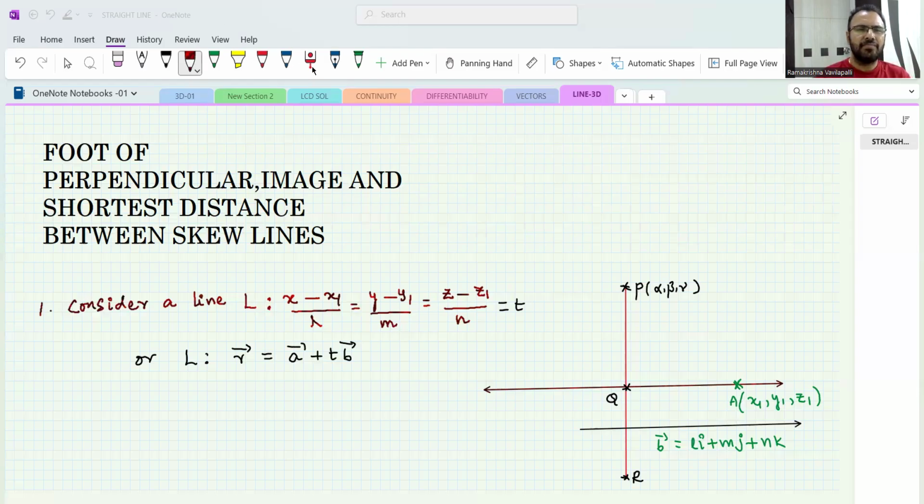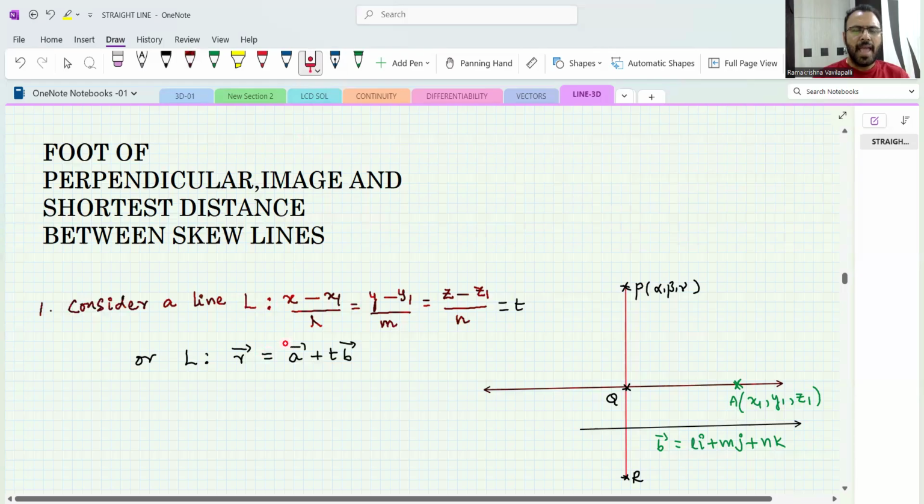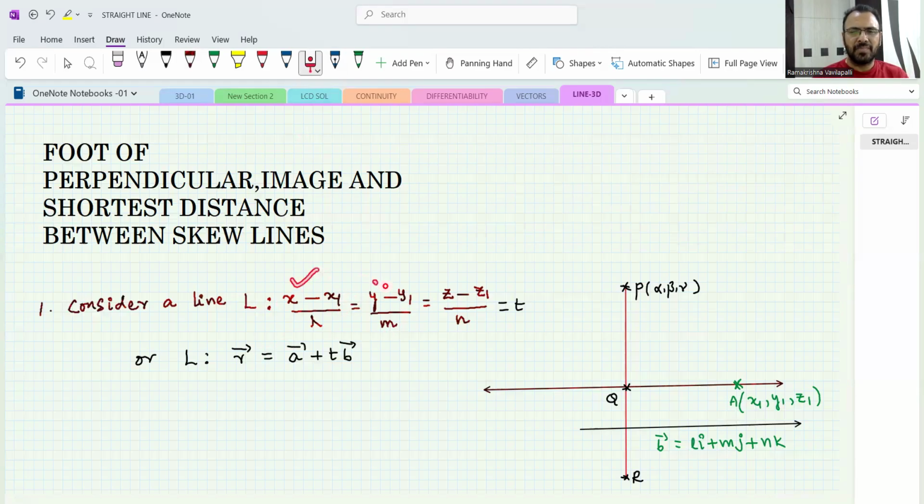Consider a line (x minus x1)/L equal to (y minus y1)/M equal to (z minus z1)/N, which is equal to something. Or you can say in the vector form, r bar is equal to a bar plus t b bar, where a bar is equal to x1 i plus y1 j plus z1 k.